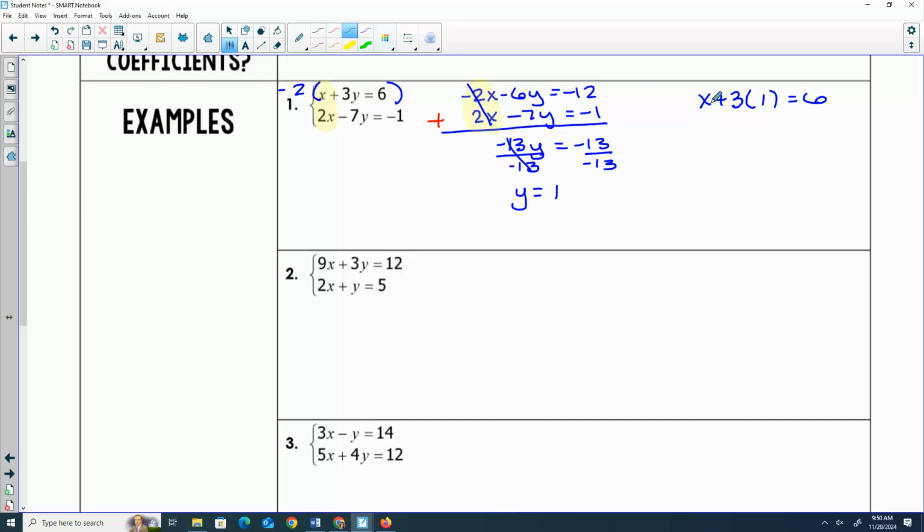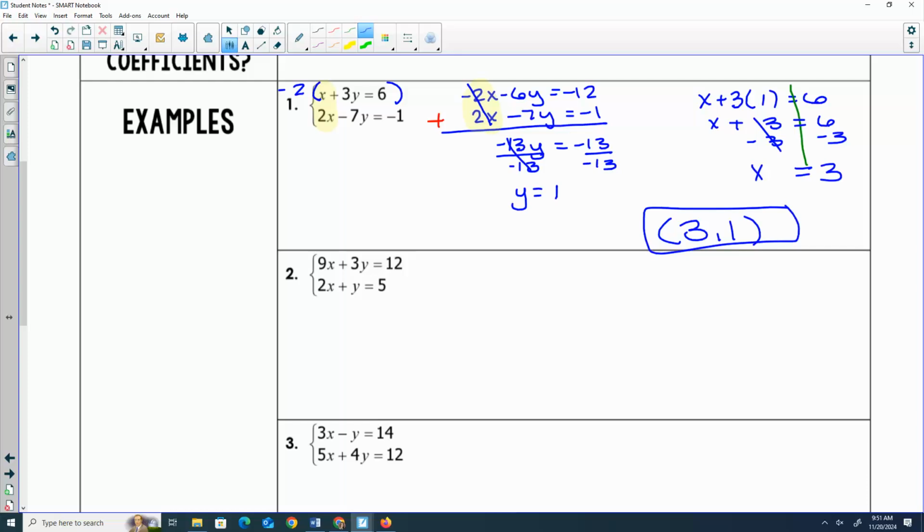Okay, if you need to, some of you tend to move things to opposite sides without paying attention, so you might draw that vertical line. So x plus 3 equals 6. So if we subtract the 3, x is 3. So ordered pair x comma y, so 3 comma 1.